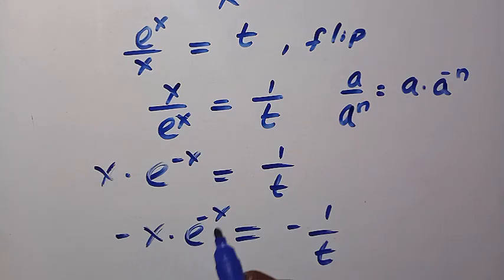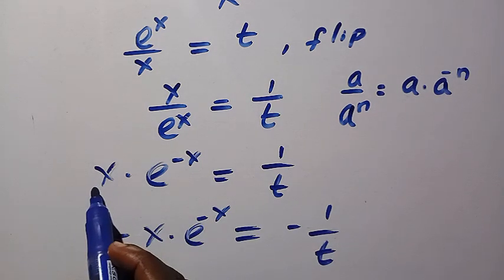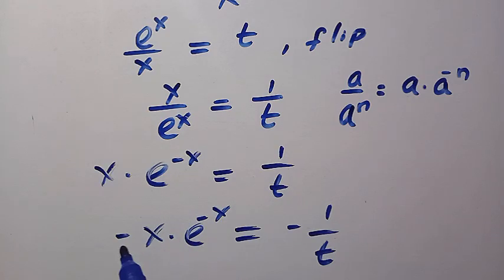To apply that, we must make sure that the coefficient of this exponent, which is minus x, and the power of this exponent must be the same. It was only x before, then I introduced a negative to make the two equal. So after this, we can now introduce our function.